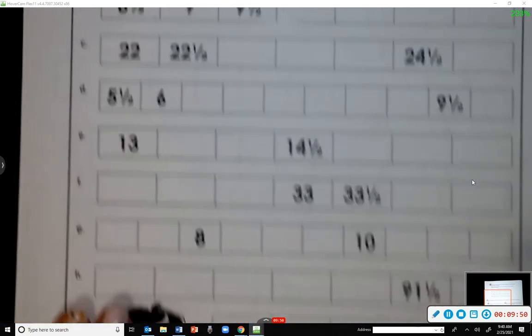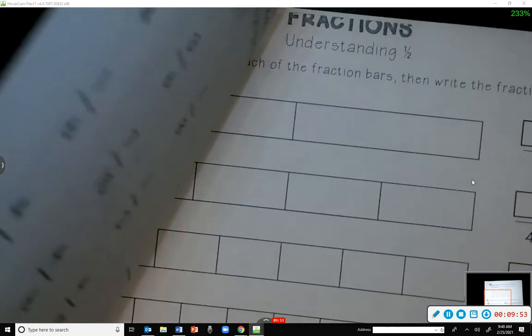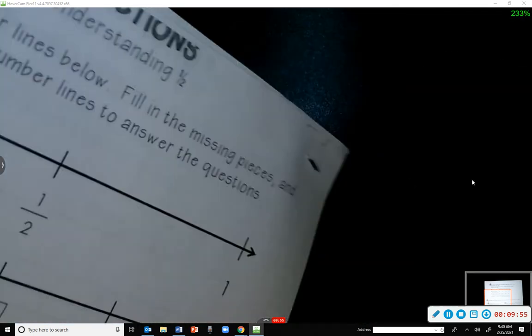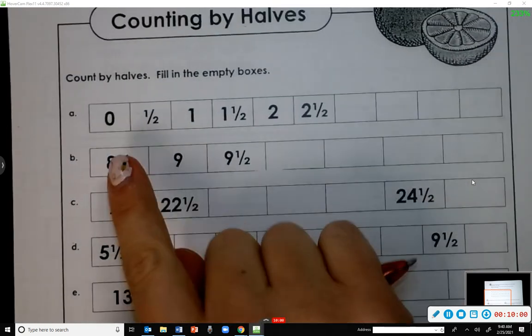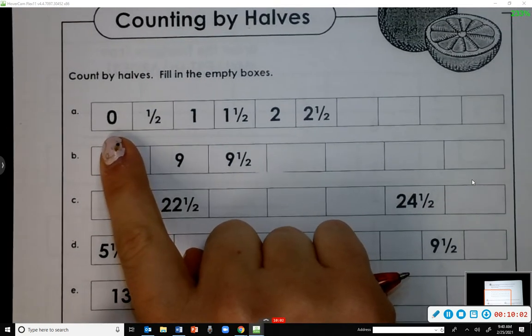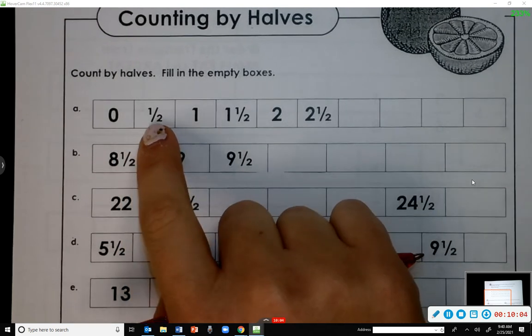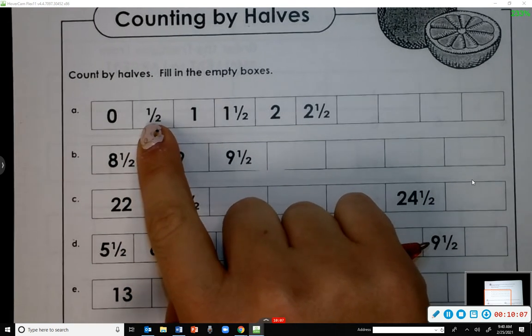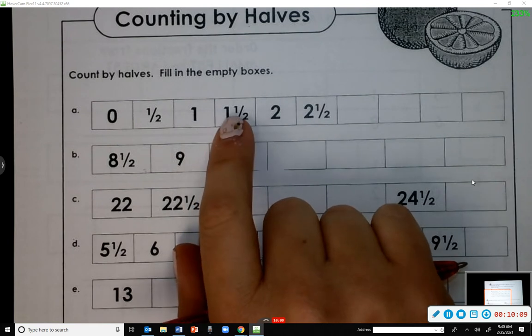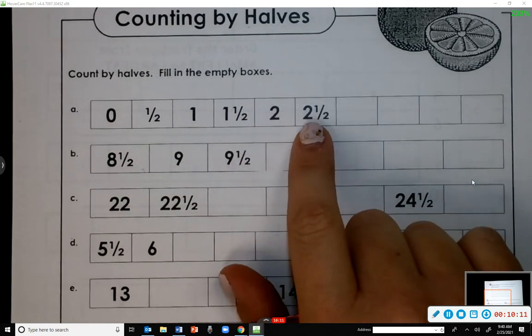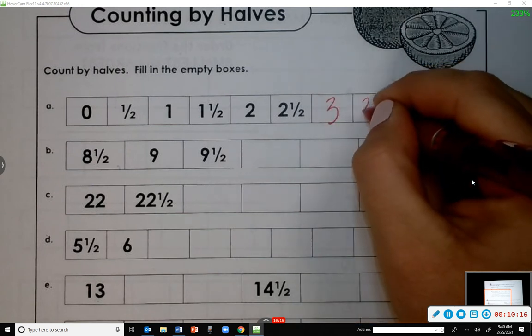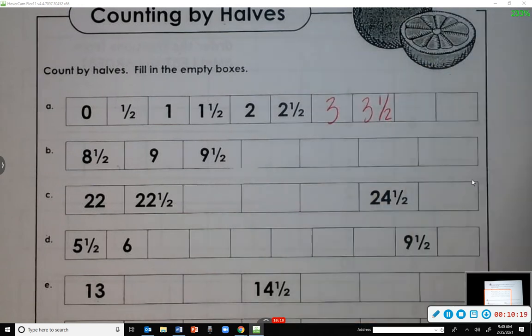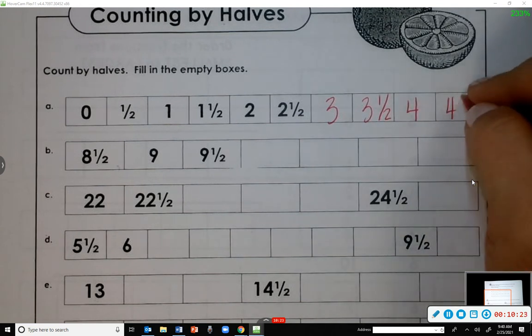The next thing I want to work on is counting by halves. Okay. So if it were 0 to start, the first one would be half, and then 1, 1.5, 2, 2.5, 3, good, 3.5, 4, 4.5, good.